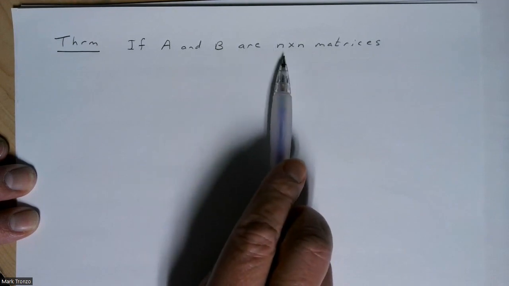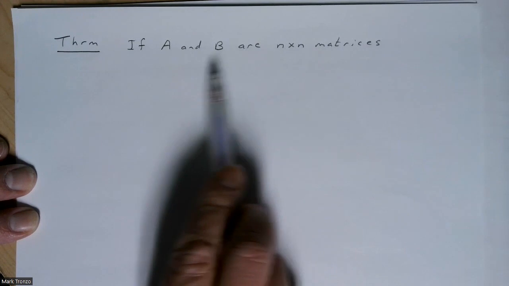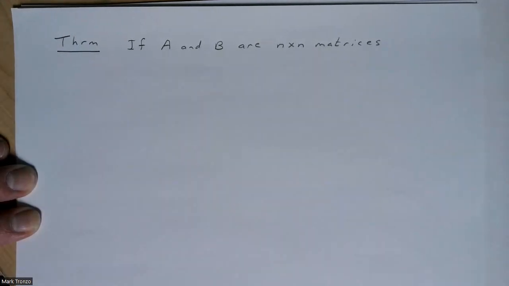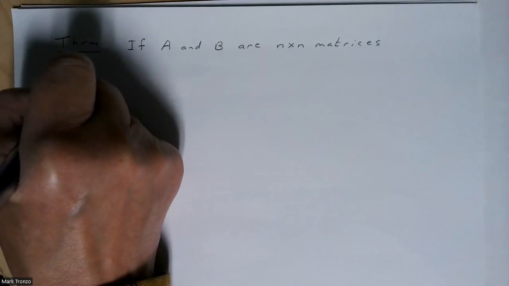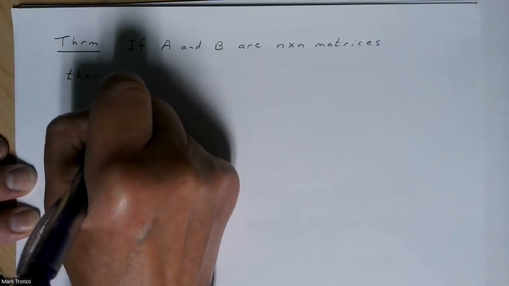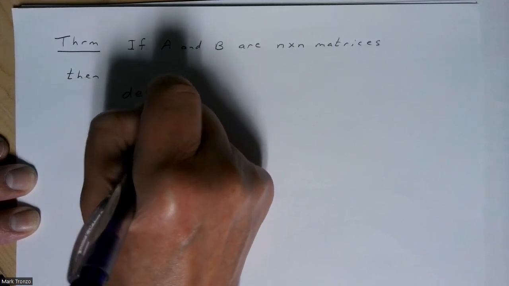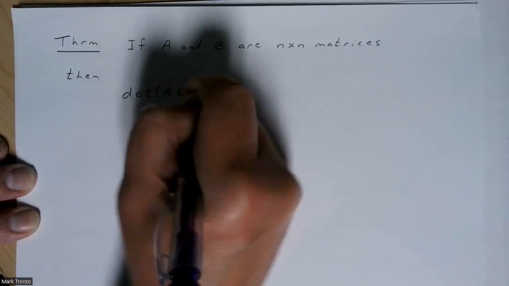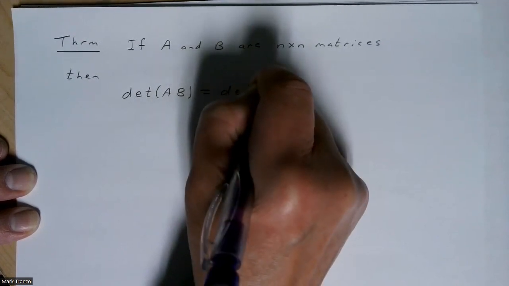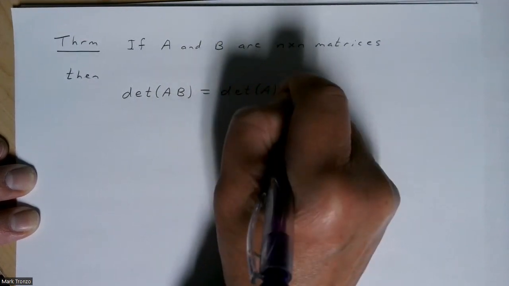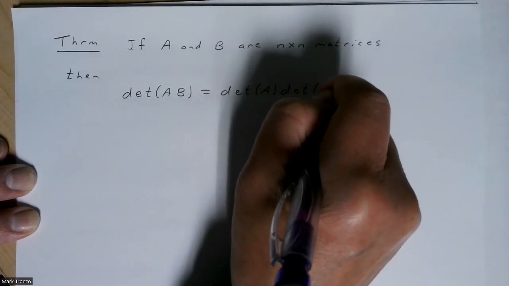They're both either maybe 3 by 3, 4 by 4, 2 by 2, etc. Then the determinant of AB is equal to the determinant of A times the determinant of B.